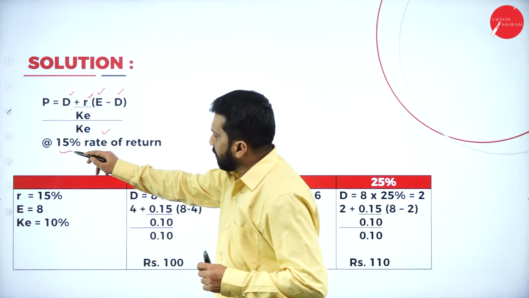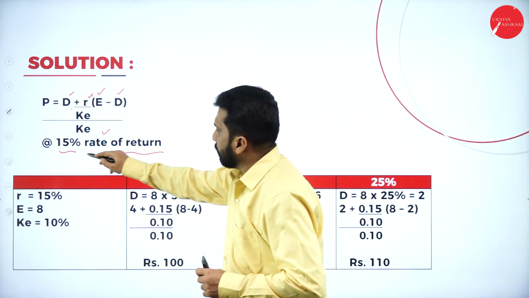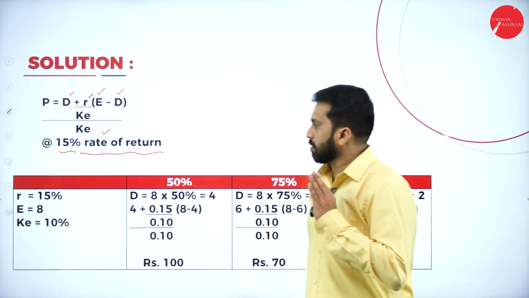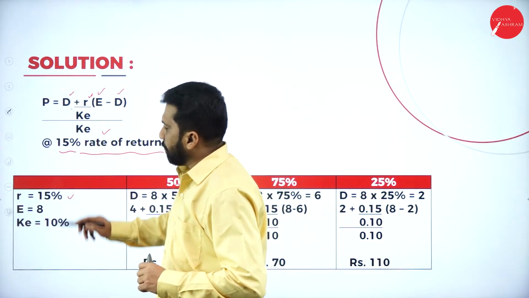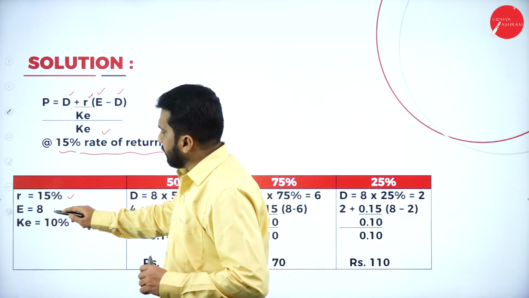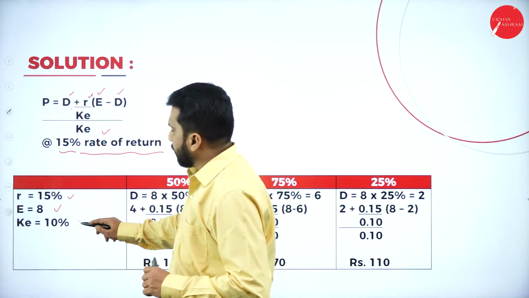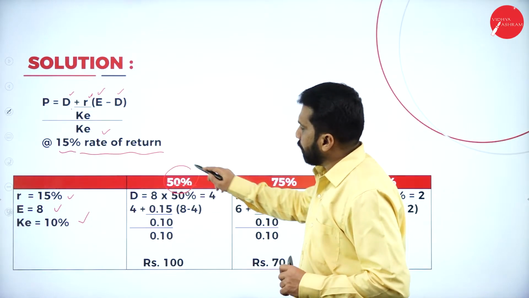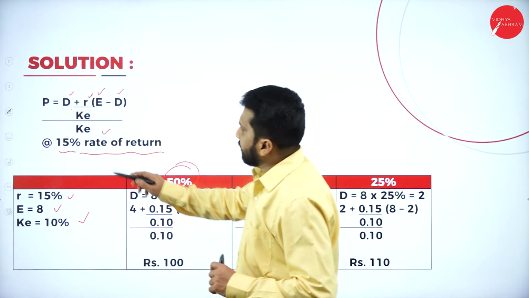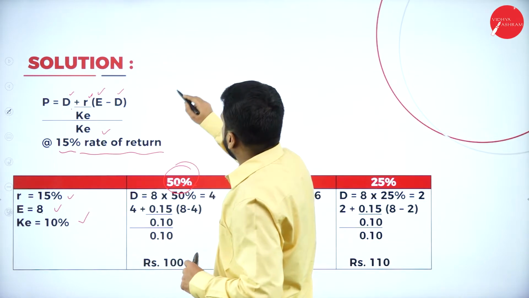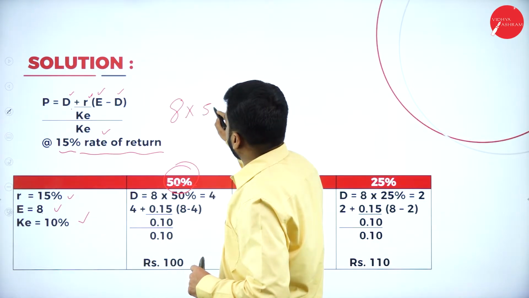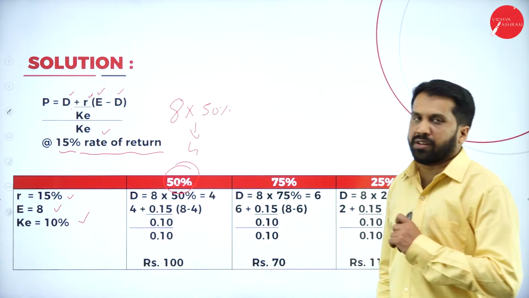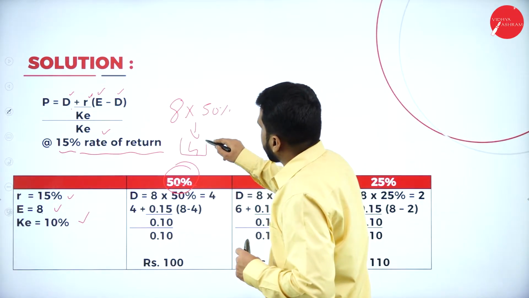Now, 15% rate of return. Your rate is 15%, earning is 8 rupees, cost of equity 10%. First we'll go with 50%. Earning is 8; 8 into 50%, you will get 4 rupees.